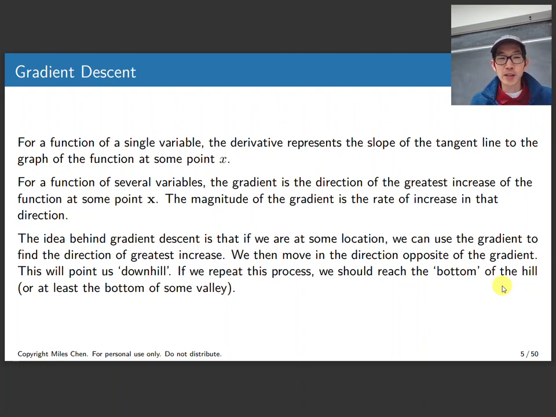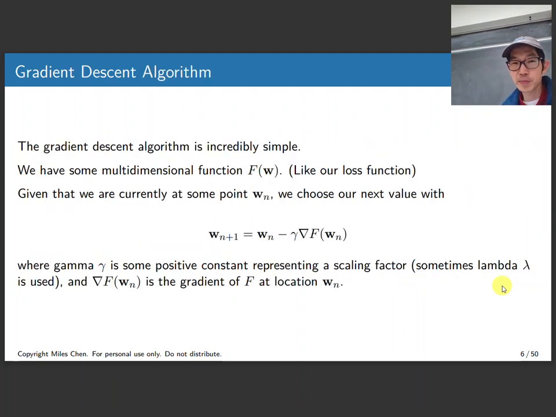If we repeat this process, continuing to take steps backwards from uphill, I'll continue to go downhill, and eventually we'll reach the bottom of our hill, or at least the bottom of some kind of valley.